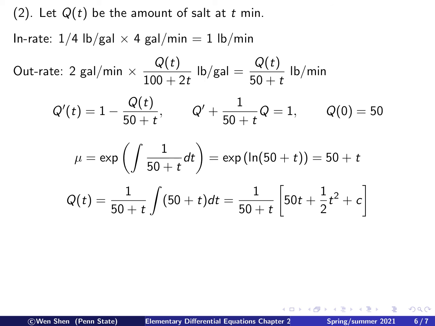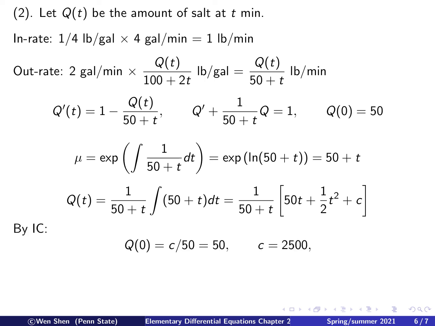And then once the factor is found, we put it into the formula for the solution, which is 1 over mu, and then we need to integrate mu times the right-hand side g, which is 1, so just mu here. And this is just a polynomial, it's easy to integrate. 50 gives you 50t, t gives you half t squared, and don't forget the constant.